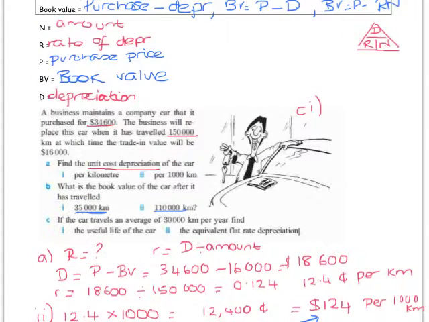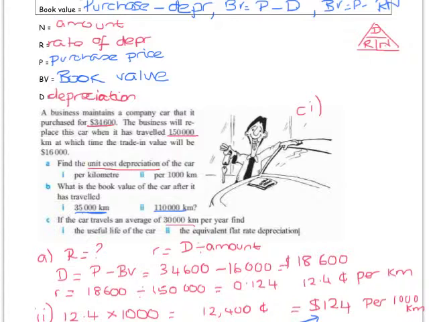I'm just going to do part C up here because I've run out of space. Part C says the car travels an average of 30,000 kilometres per year. We want to find the useful life of the car. Let's reread our question again. A business maintains a company car that was purchased for 34,600. The business will replace this car when it has travelled 150,000 kilometres, at which time the trade-in value will be 16,000.